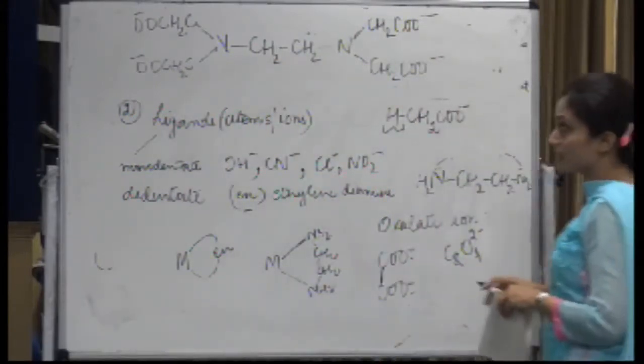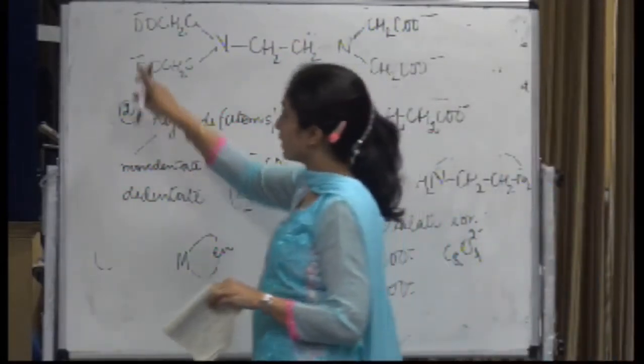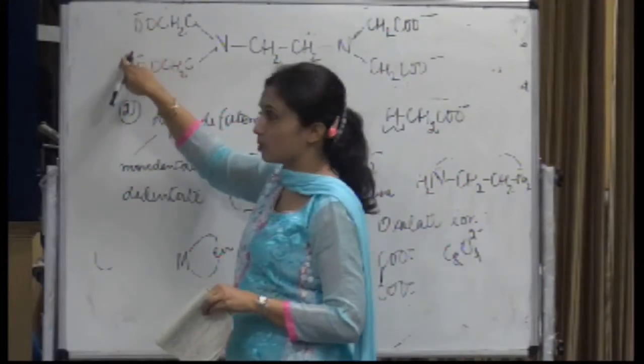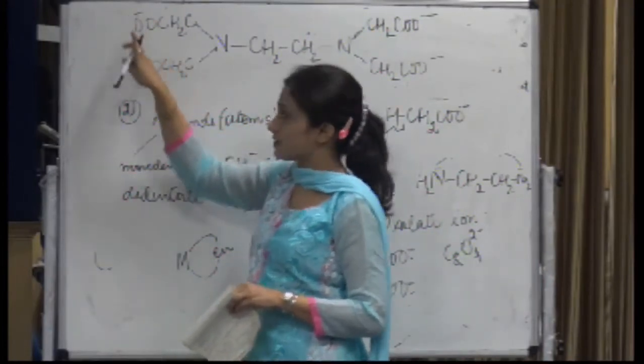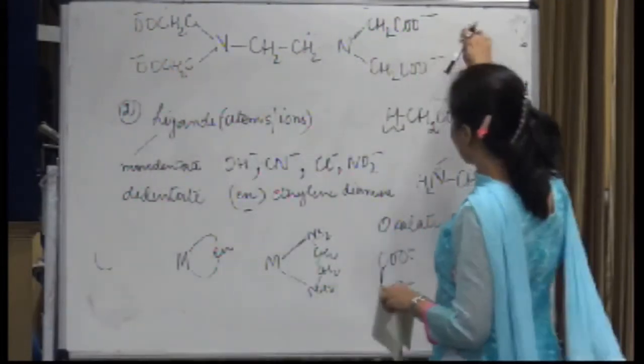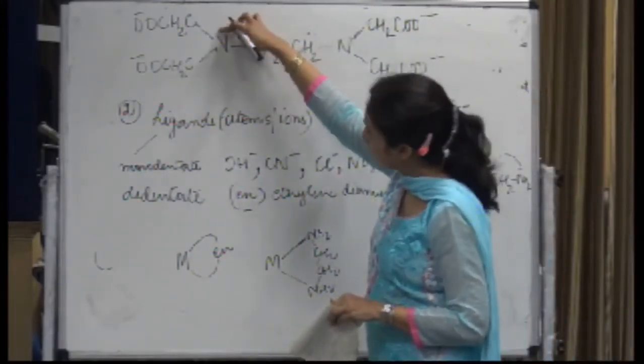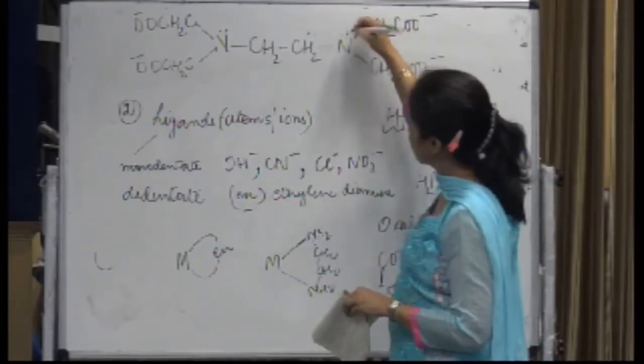And what is the denticity? Now see, wherever there is a minus, it can contribute from that side. So you have minus, these 2, 3, 4, 5 and 6.